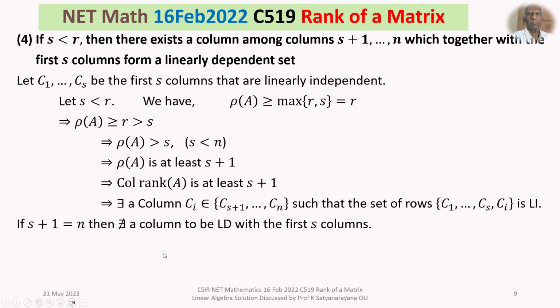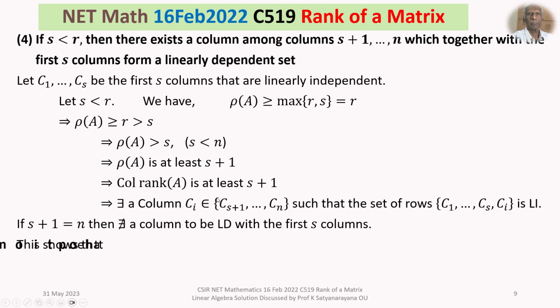Agreed? S plus 1 is N. That means C1, C2, up to Cs, S columns, and this Ci are linearly independent. And if S plus 1 is N, you have come to the end of the columns. There is no other column left. So there does not exist a column to be linearly dependent with the first S columns. Agreed?